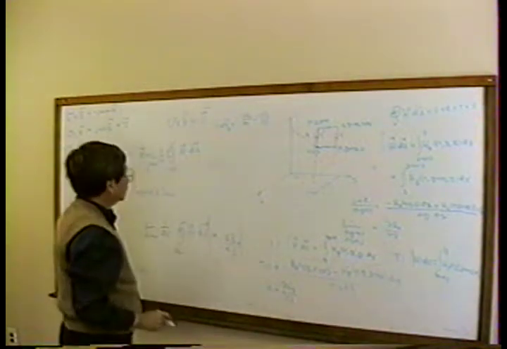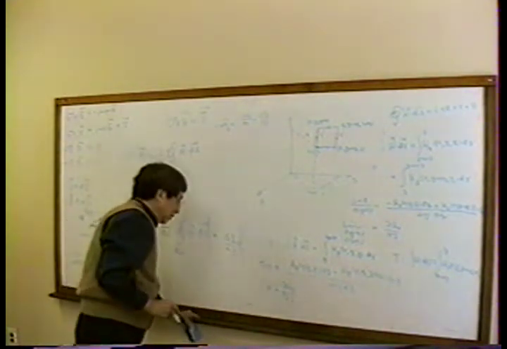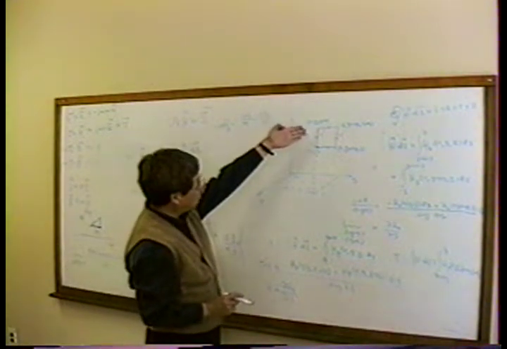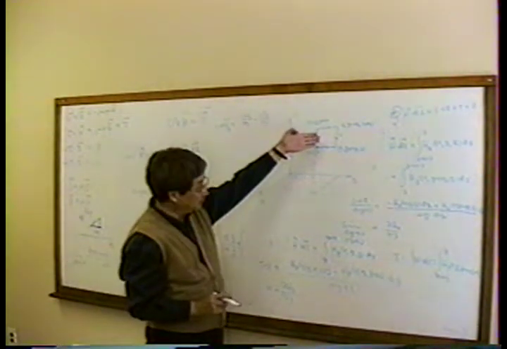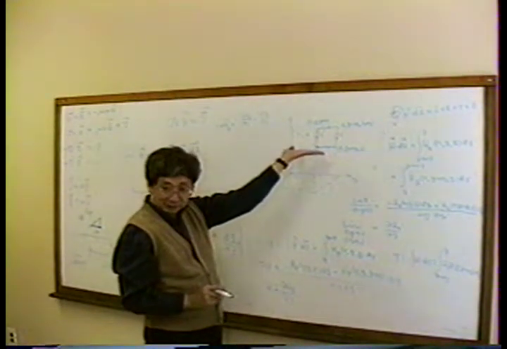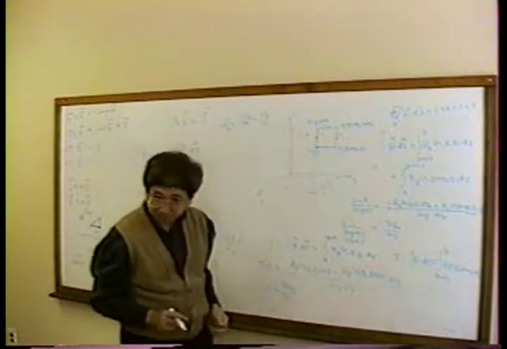Okay, then you have the same thing with Hy. So now this is the x component. Now I want to find the y component, I have to take a loop like that, perpendicular to y. I want to find the z component, take a loop like this. Okay, just repeat the same process.